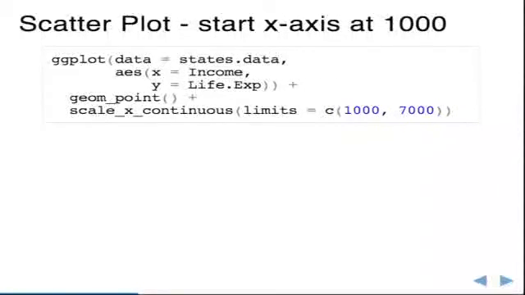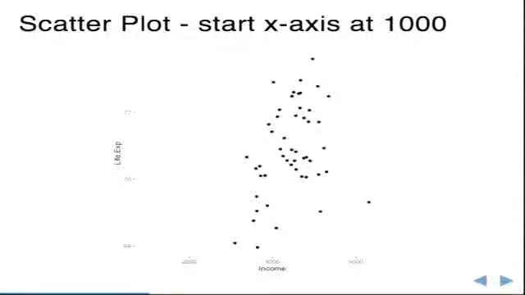So you would change that to scale continuous 1,000. And that's basically telling ggplot to start the scale at 1,000. And that's the graph that it produces.